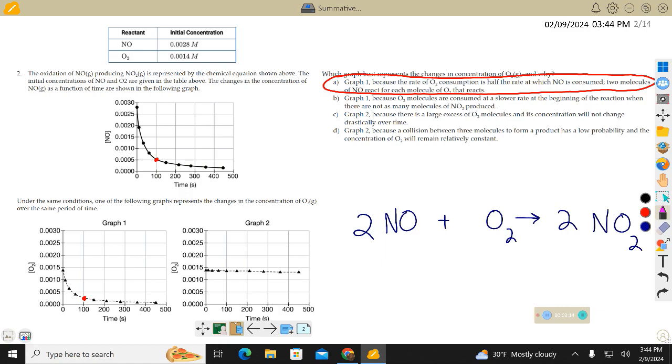You could pick any point in time, the initial, or even at 100 seconds, where the NO is about 0.0005 moles per liter. I can estimate on graph 1 that the concentration at 100 seconds for oxygen is about half. So it should be graph 1, because the rate of the oxygen consumption is half the rate at which NO is consumed. It should match the ratio from the balanced equation.